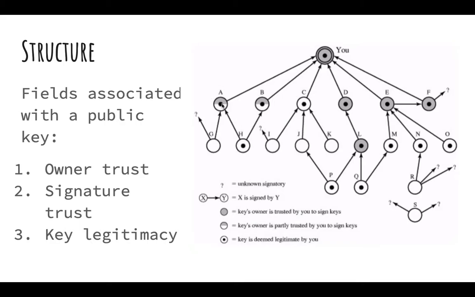Node A has two arrows pointing to it, meaning that user A has signed the public keys of users G and H. It can be noticed that PGP considers the public key of user H legitimate, since both A and B, whom you partially trust, have signed the key.